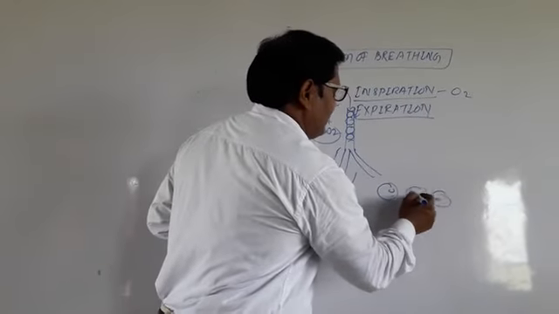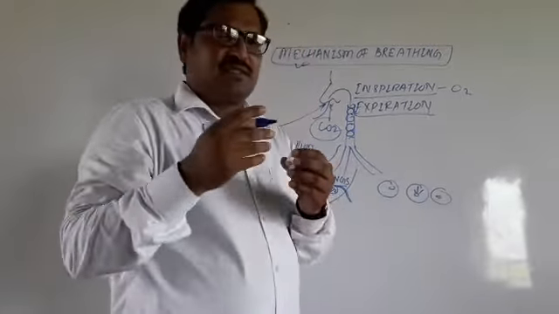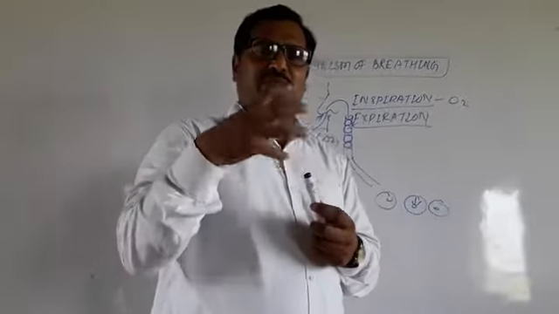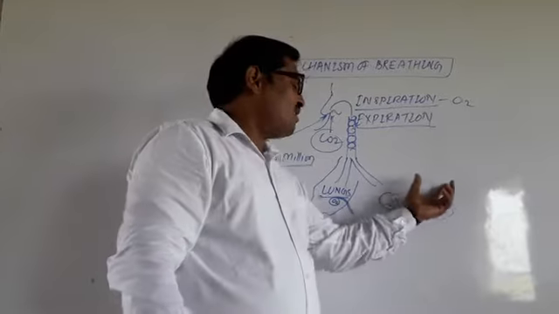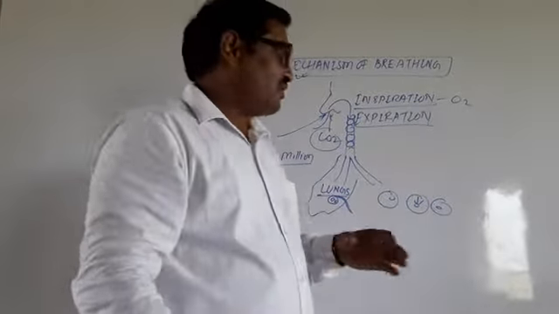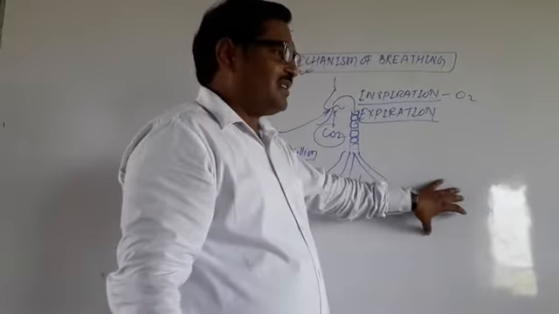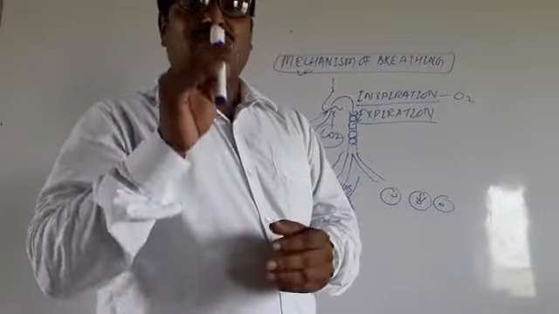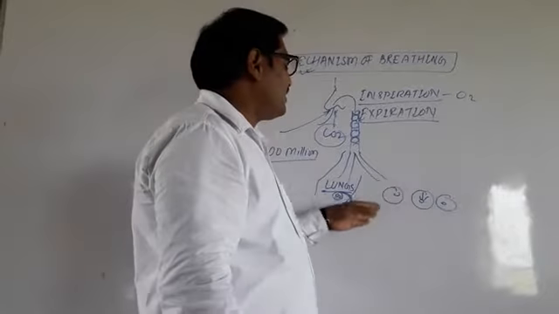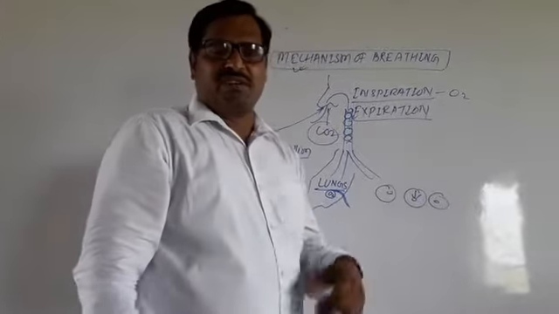Every cell takes the oxygen, and the respiration process takes place. The nutrients and glucose are broken down by oxidation and release energy, and this energy is utilized by the living organism for various works.